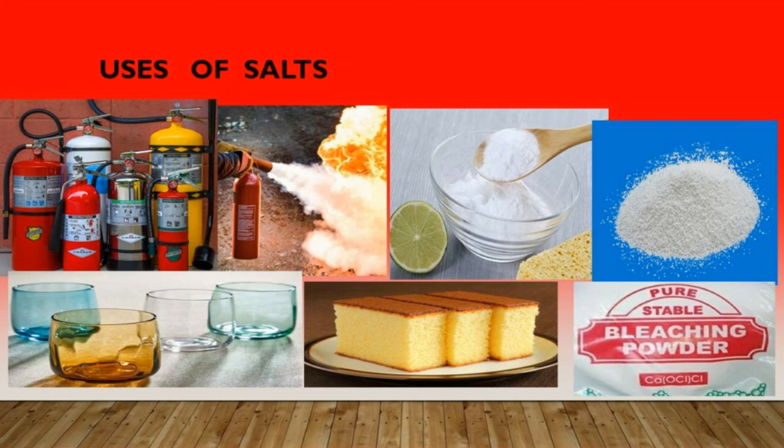Last one, plaster of Paris, that is calcium sulfate hemihydrate, CaSO4 dot half H2O. It is used for plastering bones. If you have a bone fracture, they will use this chemical. It is also used for making casts for statues.